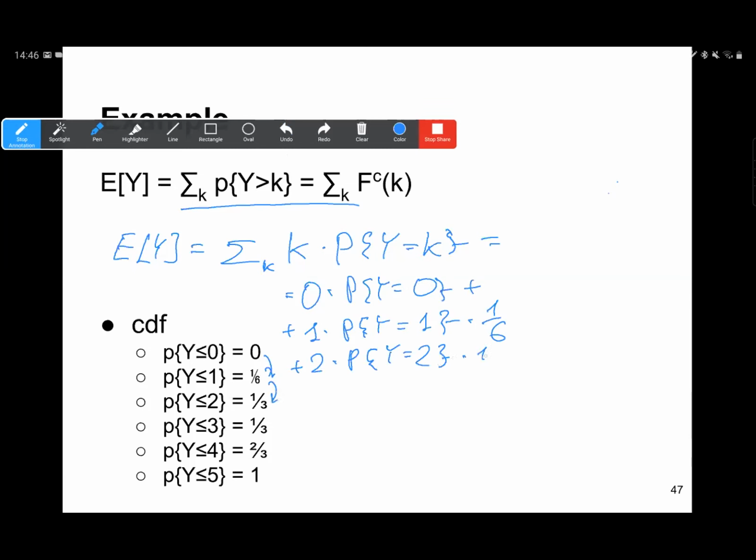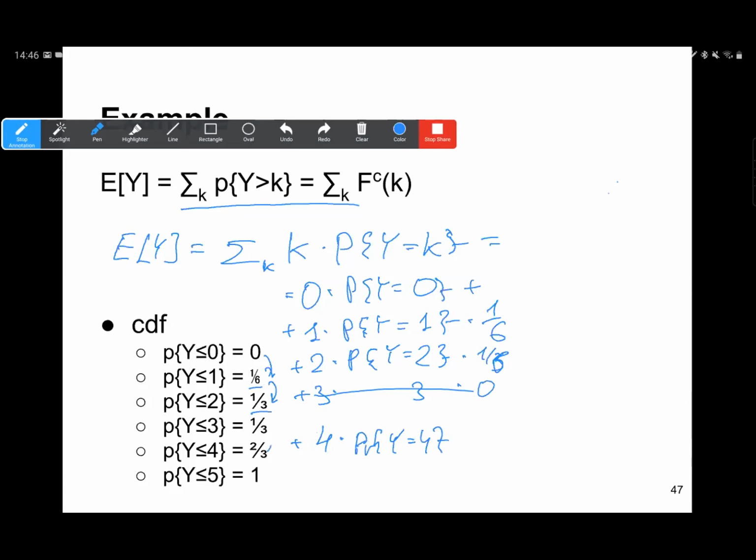So it's 1/6, because it's the difference between this and this. Plus 3 times the probability of this random variable being equal to 3. We know that thing is 0, so we don't care about this line. Plus 4 times the probability of this random variable being equal to 4.